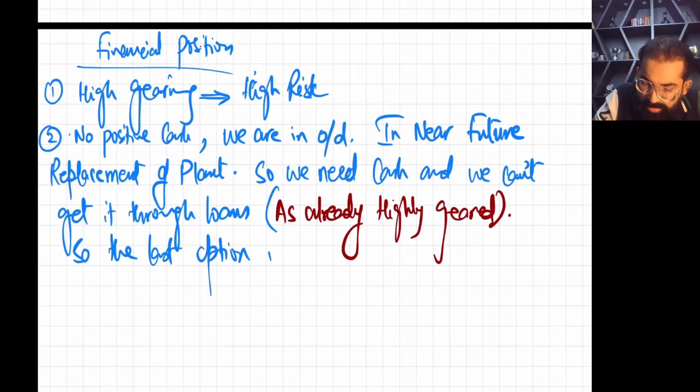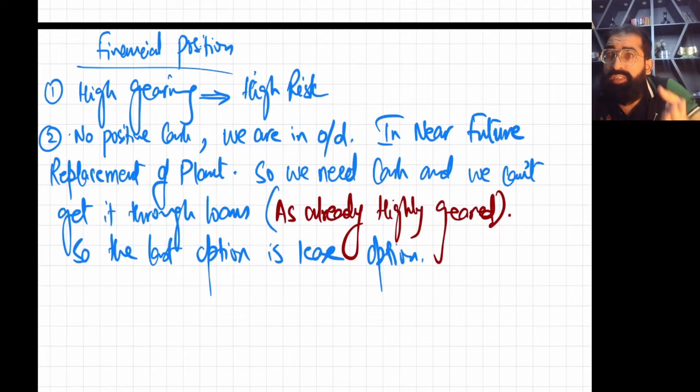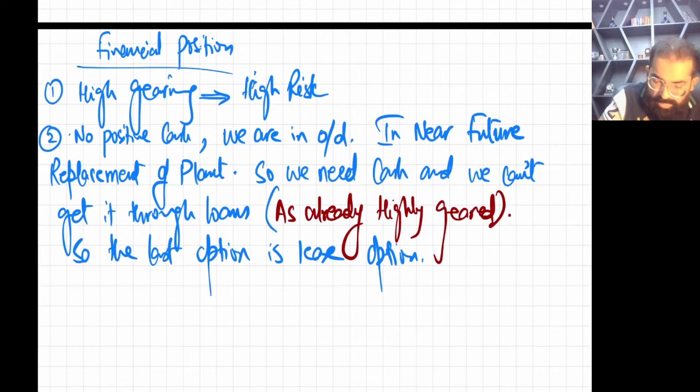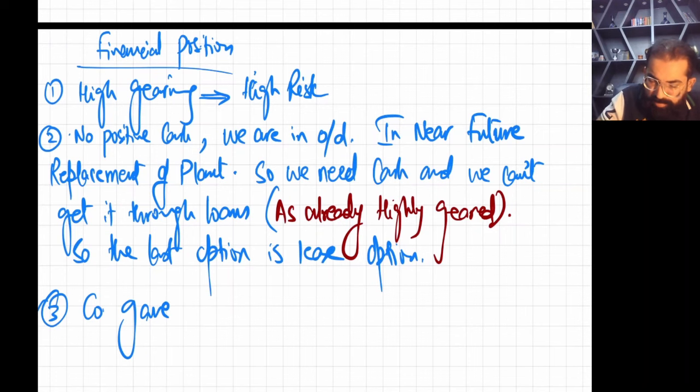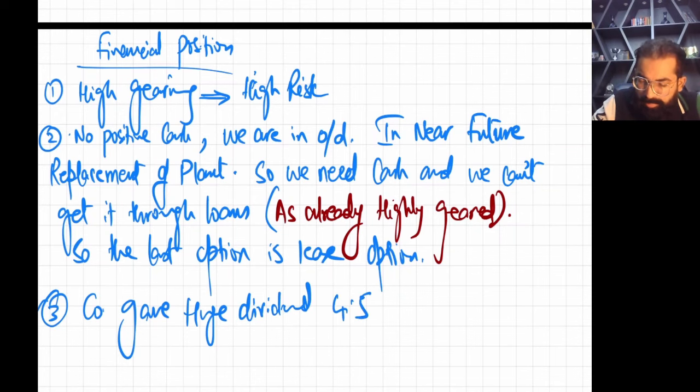Now one more practical issue. There were practical points we saw in the question. With this bad condition of cash, the company gave such a huge dividend, 4.5 million.